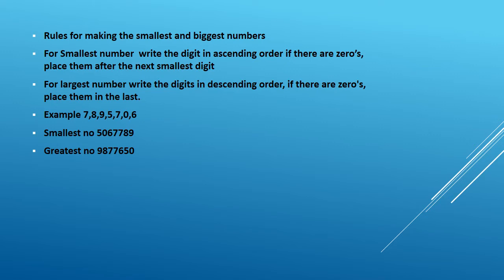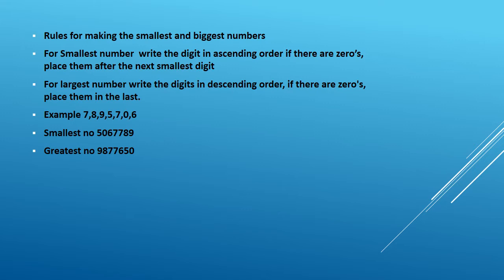Now we learn rules for making the smallest and biggest numbers. For the smallest number, write the digits in ascending order. If there are zeros, place them after the next smallest digit. For writing the largest number, write the digits in descending order. If there are zeros, place them at the last.